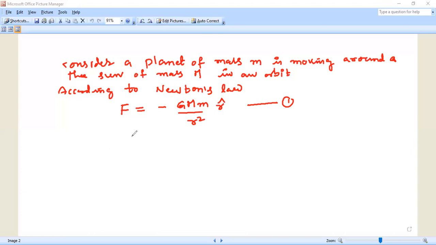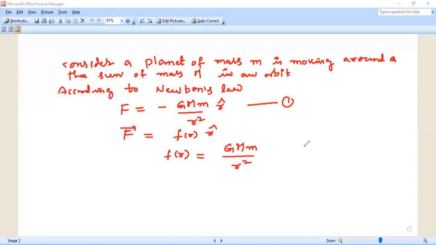But we have the central force F bar equal to F of r into r cap. So comparing this, it is very clear the magnitude of the force F of r equals GMm by r square.